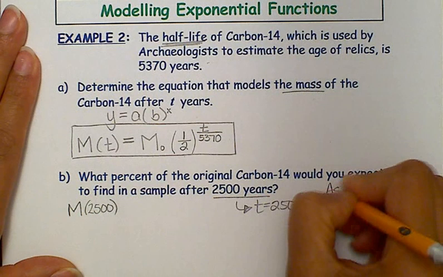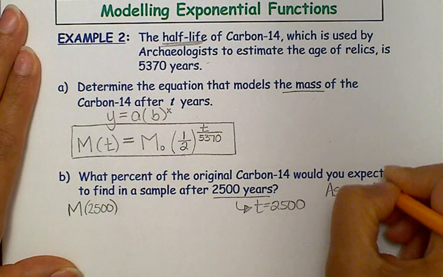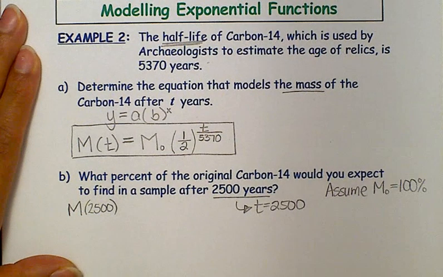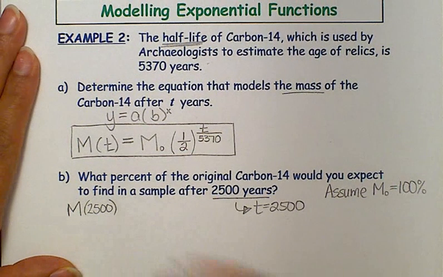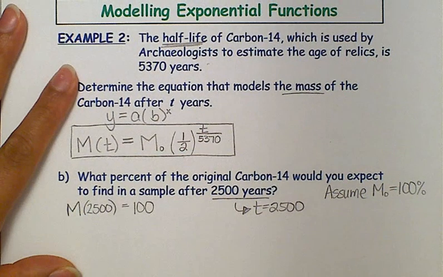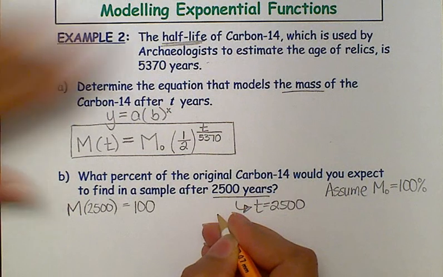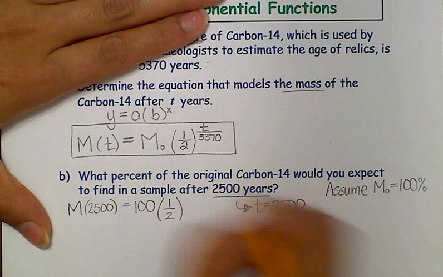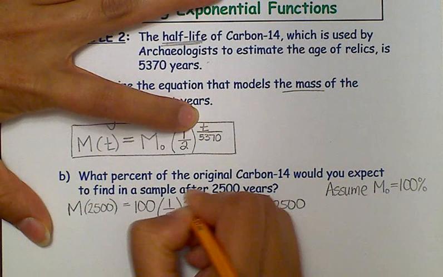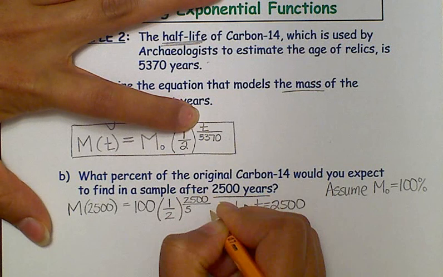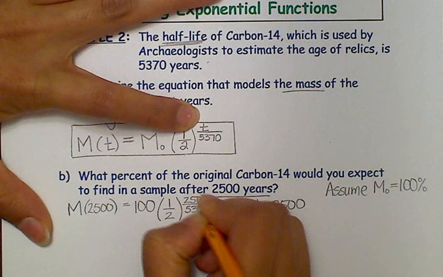I'm going to assume that the initial population is equal to 100%, so that means I had the full quantity of the carbon-14. So I'm going to substitute in 100% for my initial mass, times 1/2 to the exponent. t is 2,500, and the denominator, which is my half-life, is 5,370.